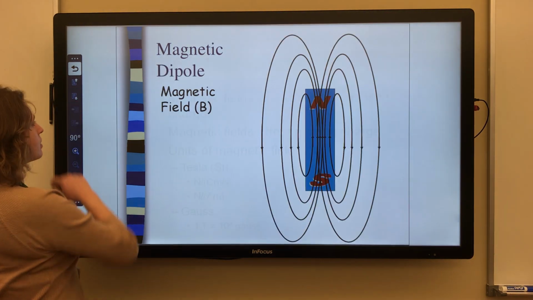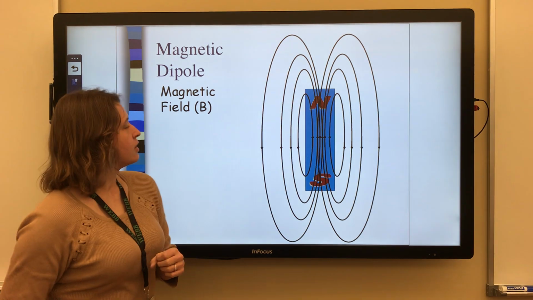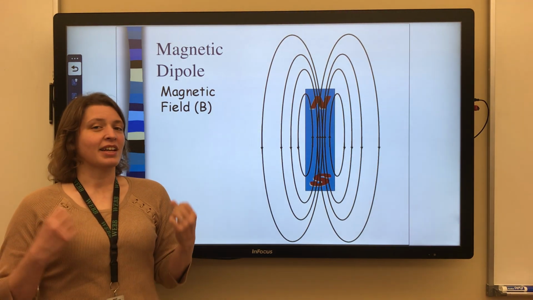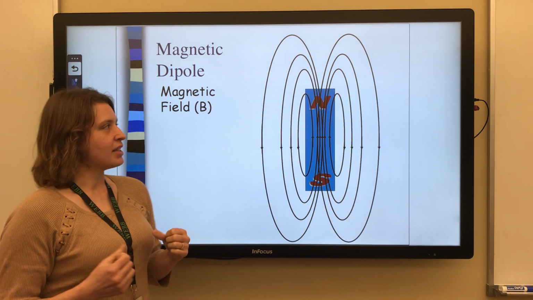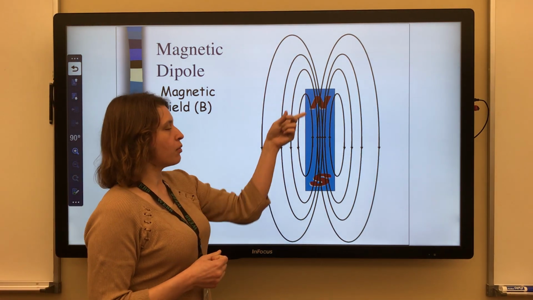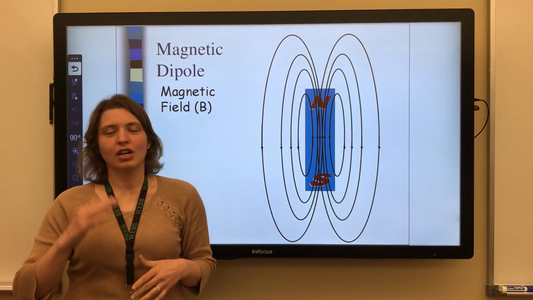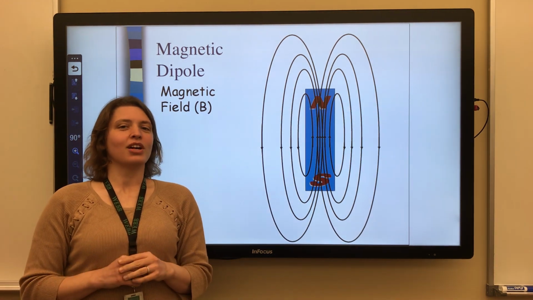So let's talk about what magnetic fields look like. Magnetic fields are generated by magnetic dipoles. A magnetic dipole is a combination of a north and south end of a magnet. Just like positive and negative for charges, north and south are really completely arbitrary.